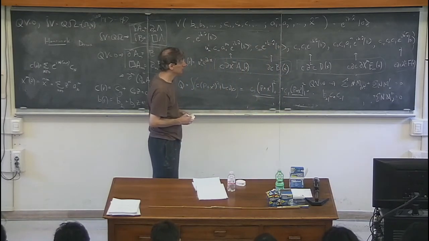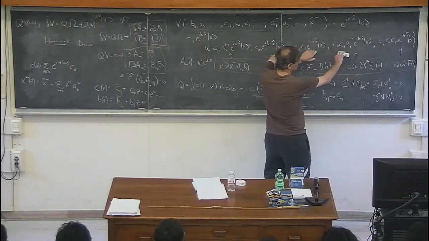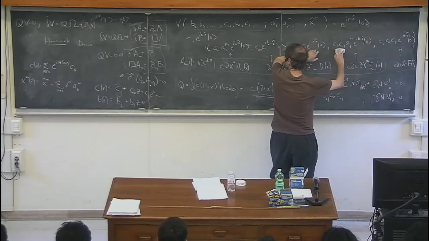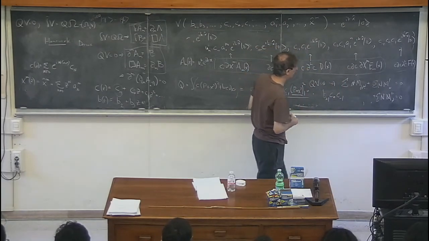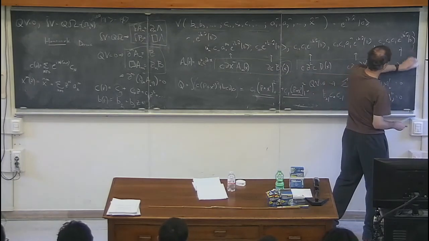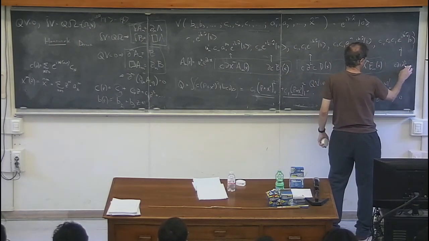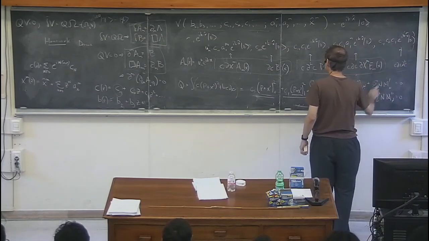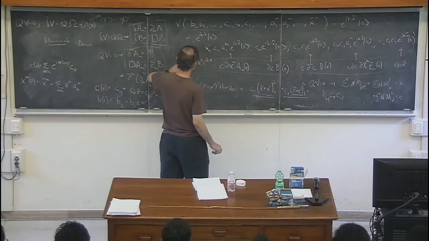Okay, so these are the ghost number 1. Of course, ghost number 2 is going to be a similar story. I'm not going to go through it. But these will be the antifields for the gluon. And finally, you can show that in order for this to be in the cohomology, this also has to be a constant. So this constant here turns out to be the antifield associated to this constant here.